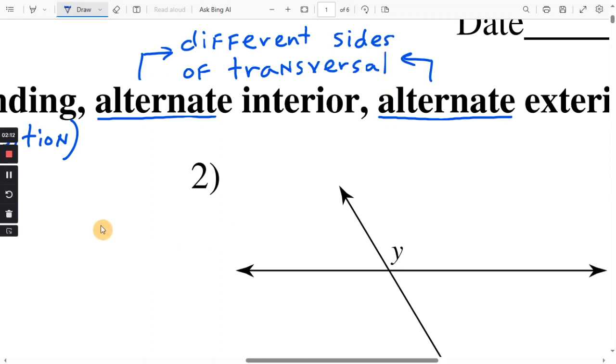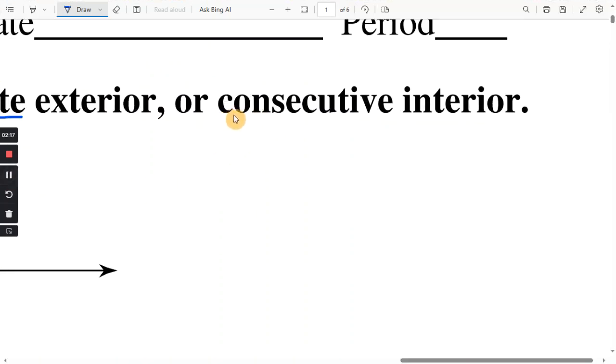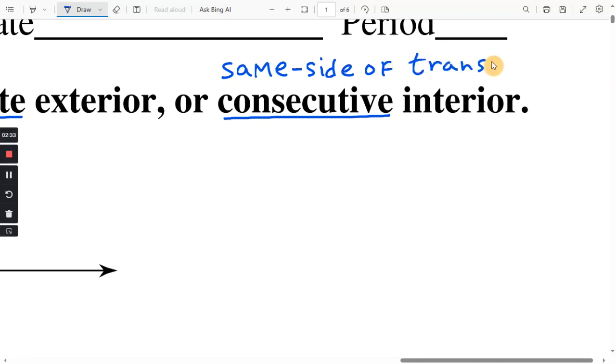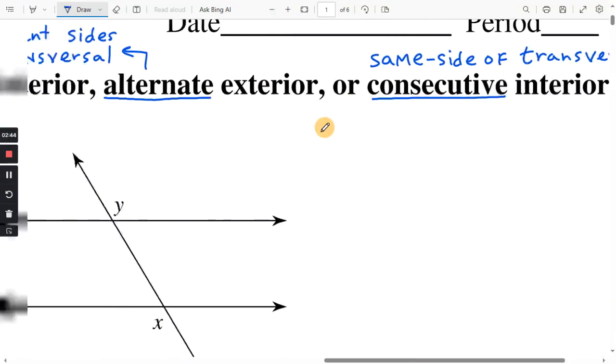We'll go over that in a minute. And consecutive, another word for consecutive is same side. So consecutive is going to be the same side of the transversal. And finally, as far as exterior and interior, I'm going to label that on the diagram itself.